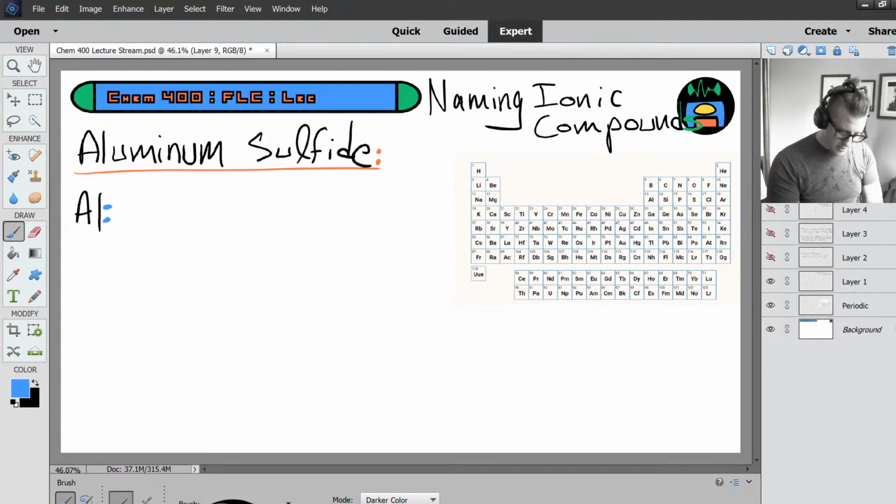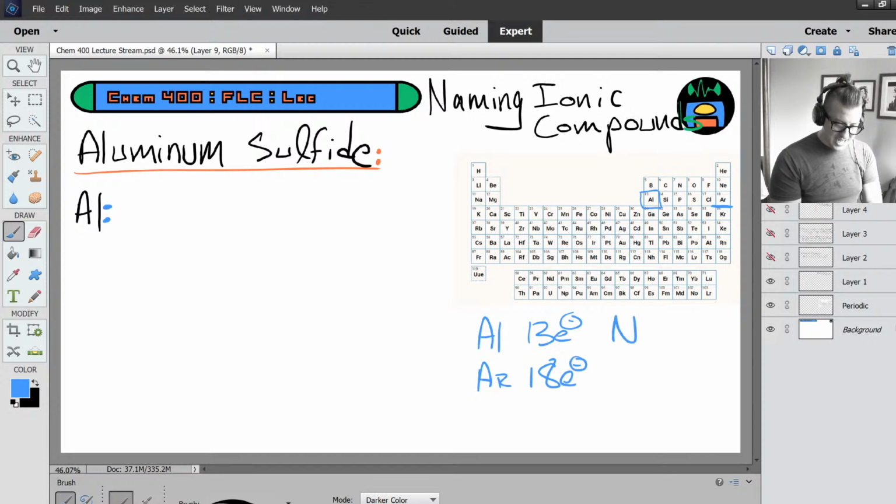If you look at aluminum on the periodic table, you might think that its nearest noble gas is argon. But when you look at the electron counts, aluminum has 13 electrons. Argon has 18 electrons. But neon has 10.